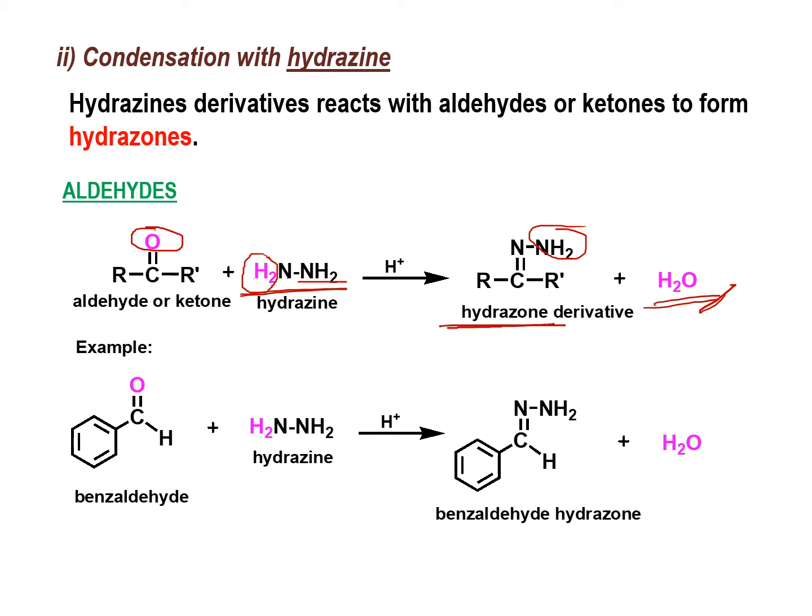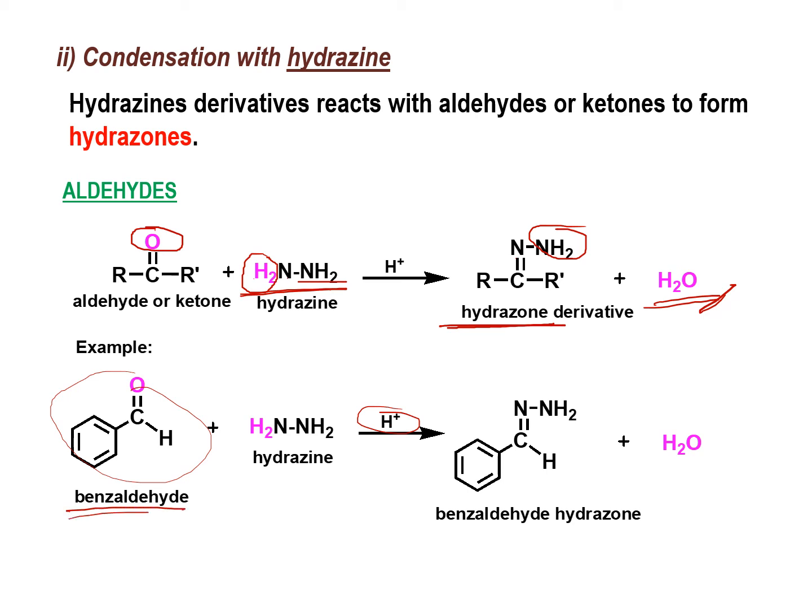Hydrazone. Kalau tadi oxime because nitrogen tu attach pada OH, now attach pada NH2, so nama ni adalah hydrazone. For example, we have benzaldehyde here. Benzaldehyde react with hydrazine in acidic. What is going to happen?